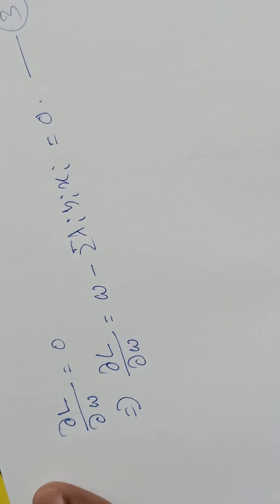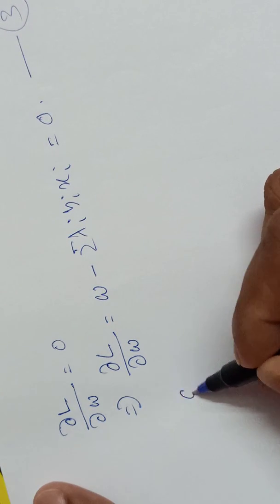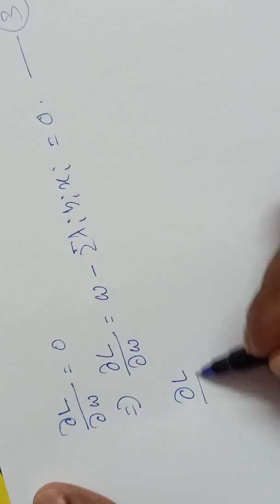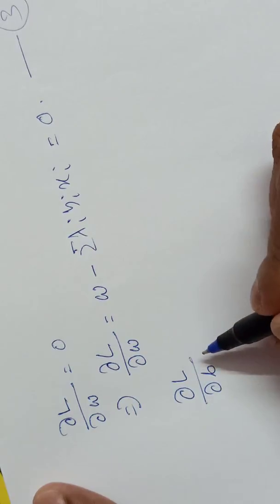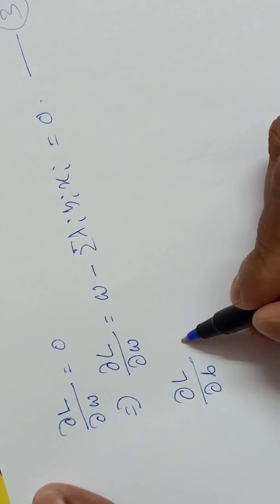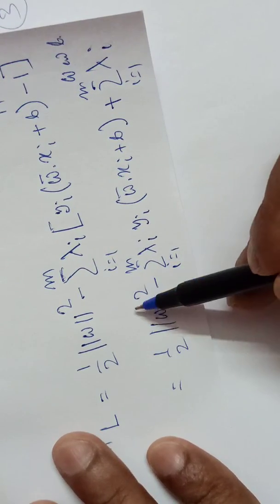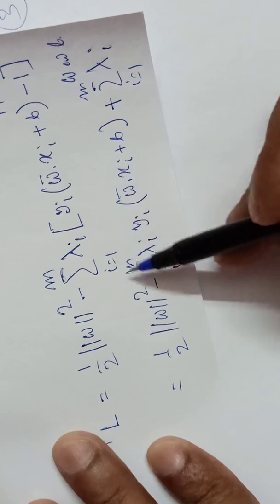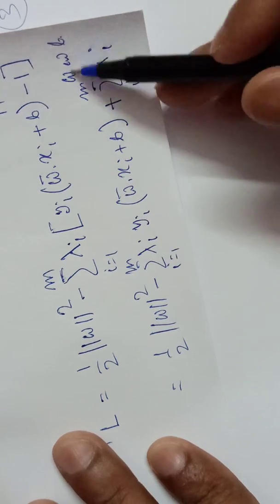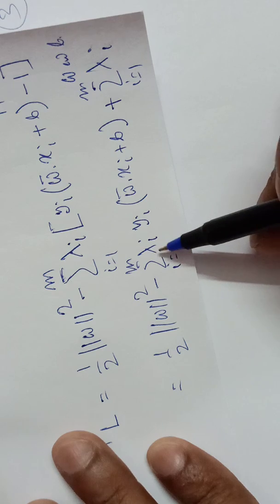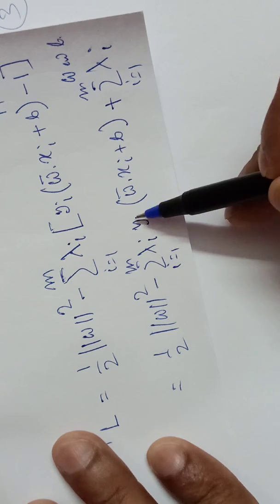Then if we take the derivative of delta L with respect to B, what do we find? Here again you check this value, if we take the derivative with respect to B, this is 0. This one is also 0. This is 0. Only one thing we will get, that lambda i and yi.